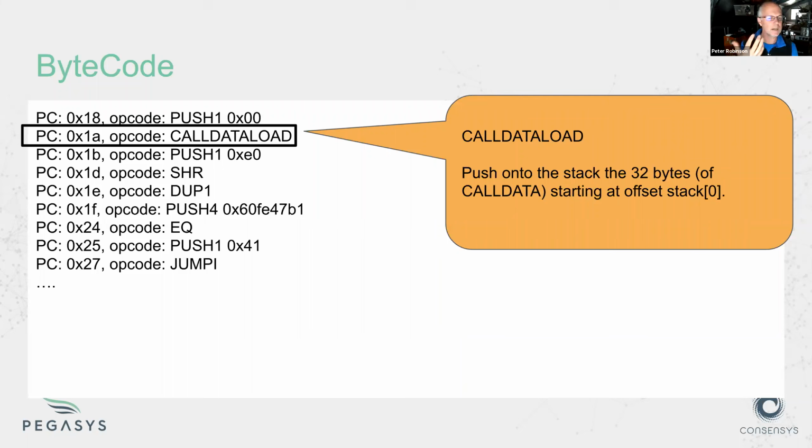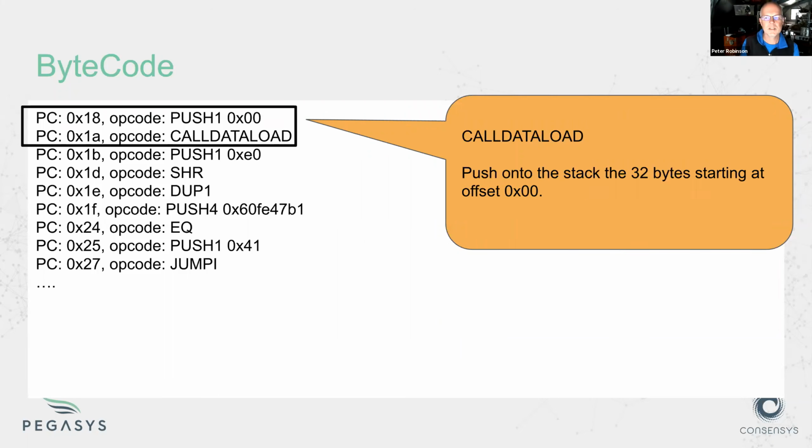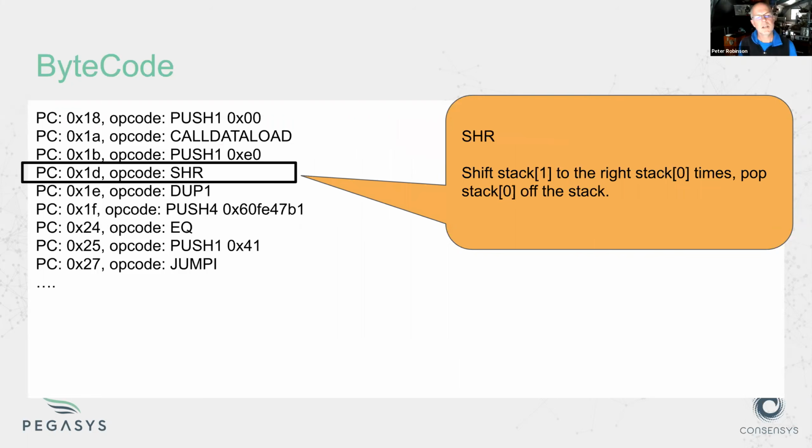So we're loading up the start of that CallData, the first 32 bytes. And SHR is shift right. It shifts stack 1 to the right stack 0 times, pops them off the stack and then puts the result back on the stack.